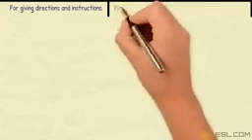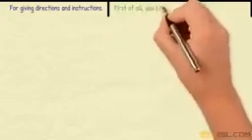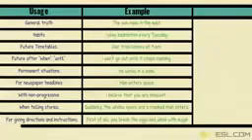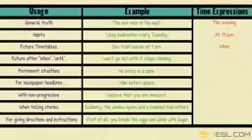For giving directions and instructions. First of all, you break the eggs and whisk with sugar. Time expressions. This evening. At 11 a.m. When. Until. As soon as. Twice a month. Every Tuesday. Sometimes.